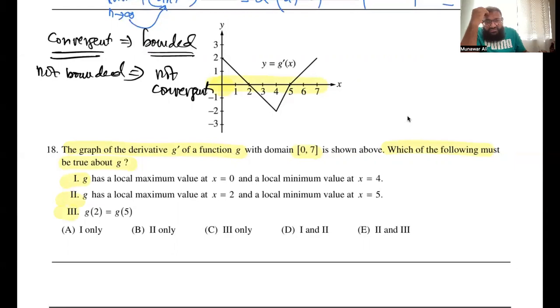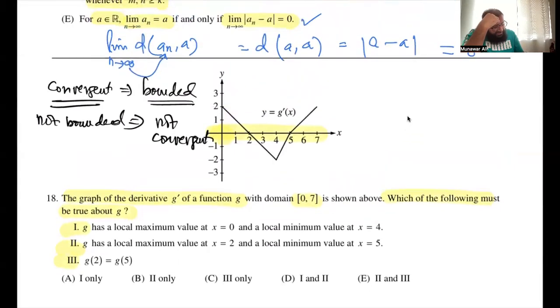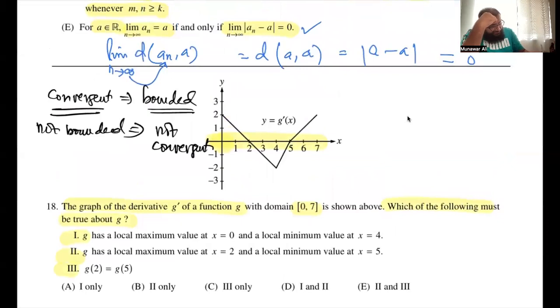Okay, for this one, I always draw the graph of g, just roughly. What does the graph of g look like? So what am I doing? I'm just copying this thing, from 0, 1, 2, 3, 4, 5, 6, 7.